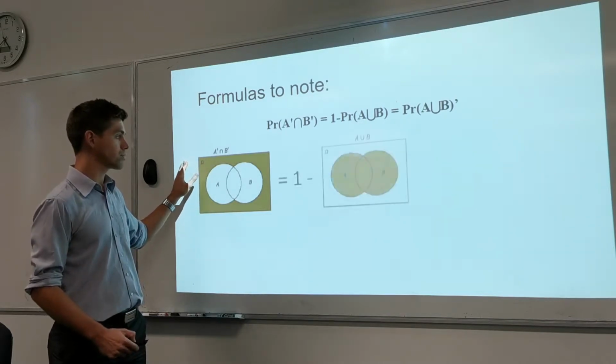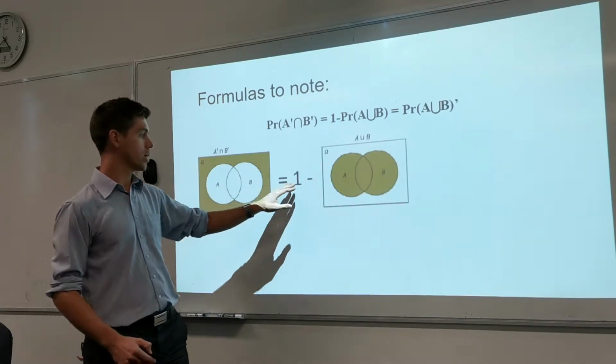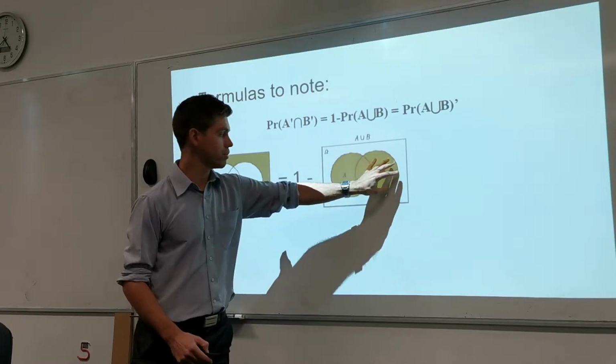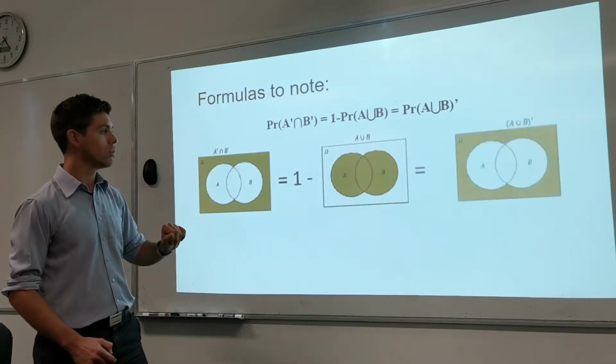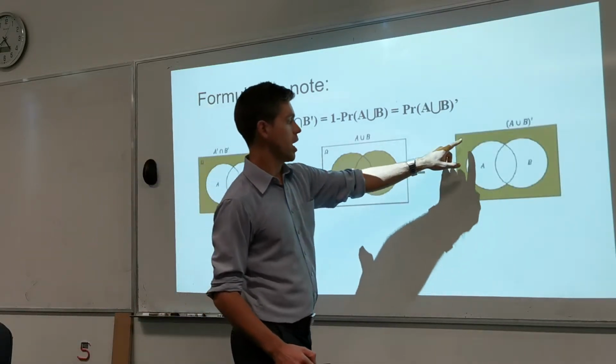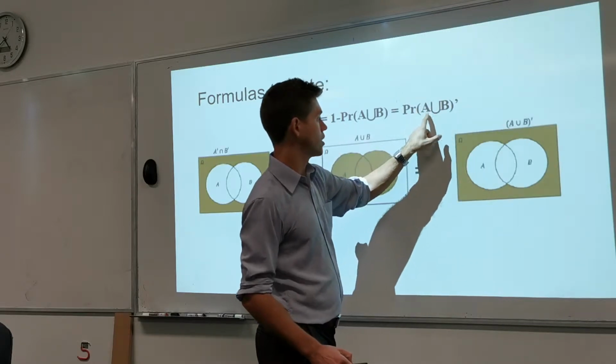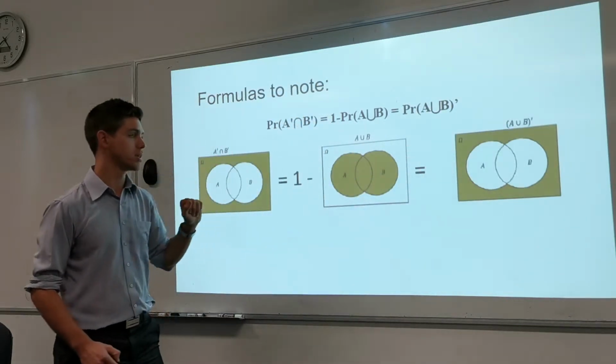So 1 take away the probability of all of this, or written as probability of A union B complement.